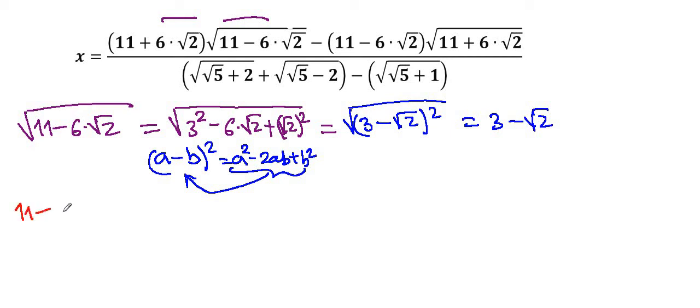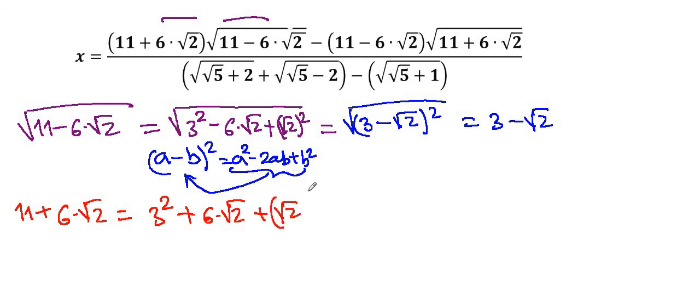So let me write here 11 plus 6 times square root of 2. This one is equal to 3 squared plus 6 times square root of 2, and I have to get again 11. To get 11, I have to add square root of 2 to the power of 2. And this one is equal to (3 plus square root of 2) squared.